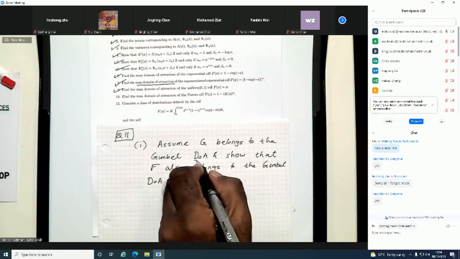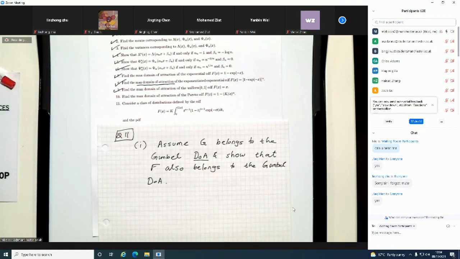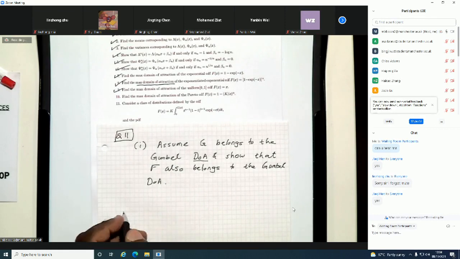That's the abbreviation for domain of attraction. And show that F also belongs to the Gumbel domain of attraction. That's the first thing you need to show.